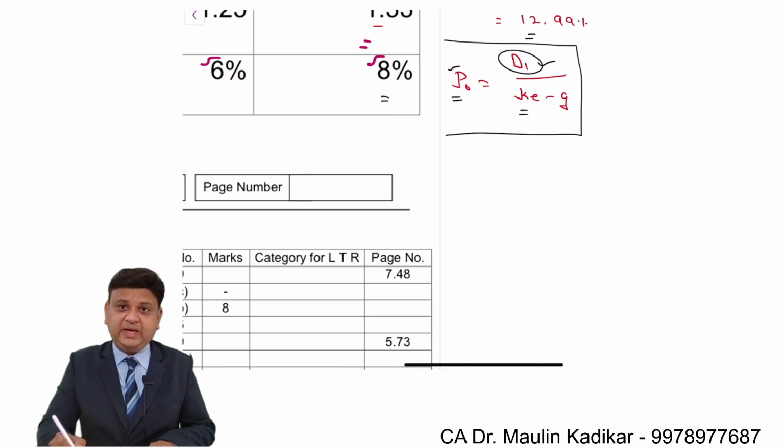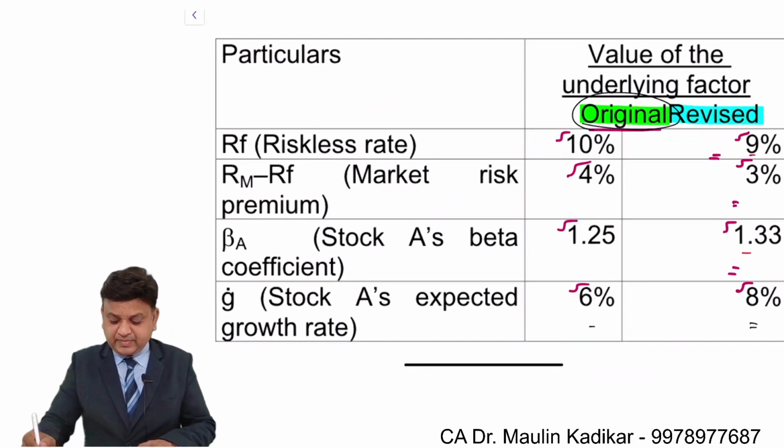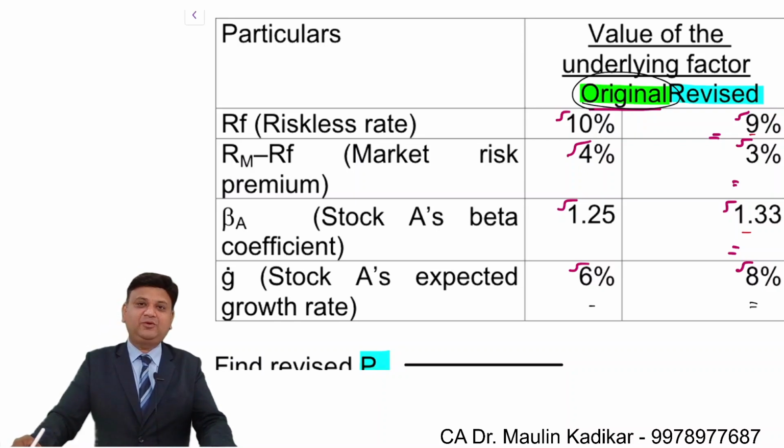Cost of equity can be calculated using RF, beta, RM minus RF difference. Growth rate is provided to us as 6%. So we can compute the dividend using this original information. Once we make this calculation, calculating the answer is very simple.